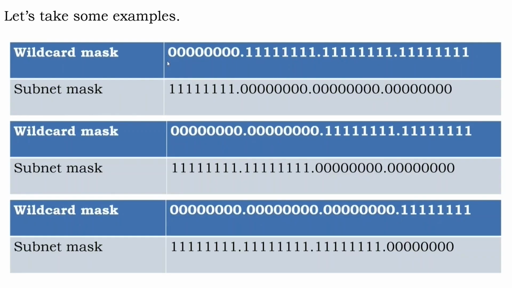Let's take some examples. To convert this wildcard mask into the subnet mask, change these zeros and ones. And these ones and zeros. In this example, change these zeros and ones.